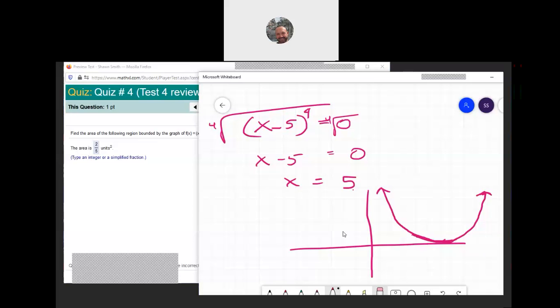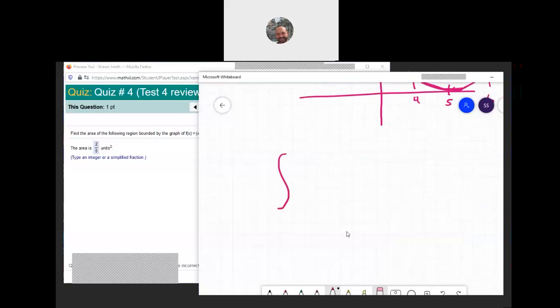But this is at 5, and we're trying to find the area between 4 and 6. So all I got to do is integrate that function between 4 and 6. So the integral from 4 to 6 of (x minus 5) to the fourth dx.